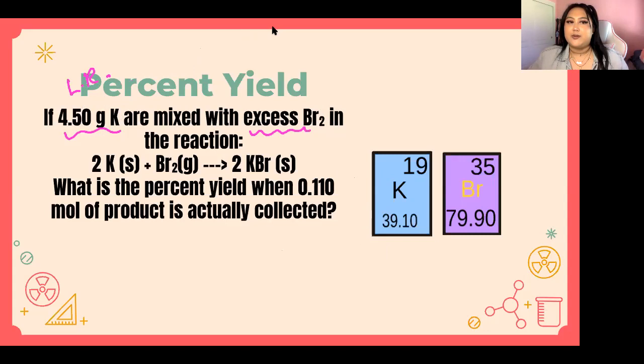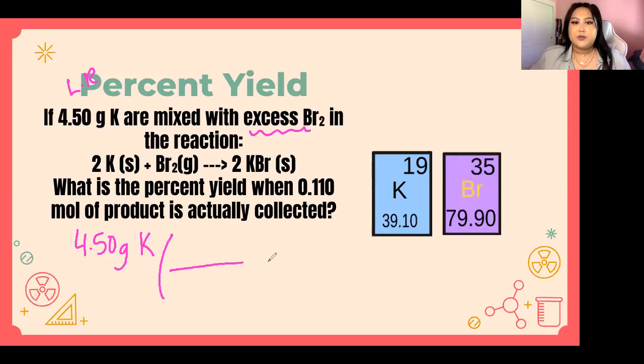I would prefer doing it the other way, where we convert this into grams. Or I guess we could do the other way, so you can see both ways. So 4.50 grams of potassium.